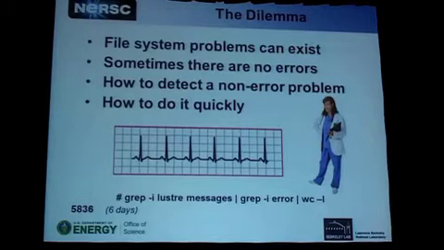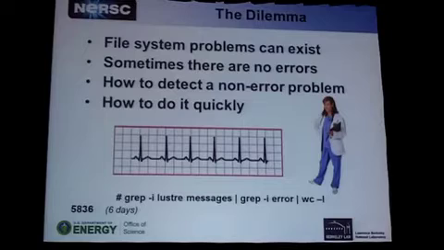So the situation is file systems have problems. I don't think anybody in here will debate that one. And you'll also probably all agree that you can have problems with no errors ever being reported, which gives you two little scenarios. How do you detect a non-error problem, and how do you do it quickly? We all know Lustre will let you know when you have a problem.